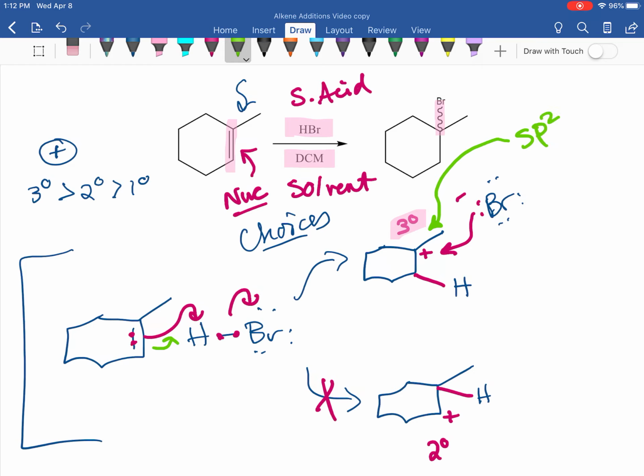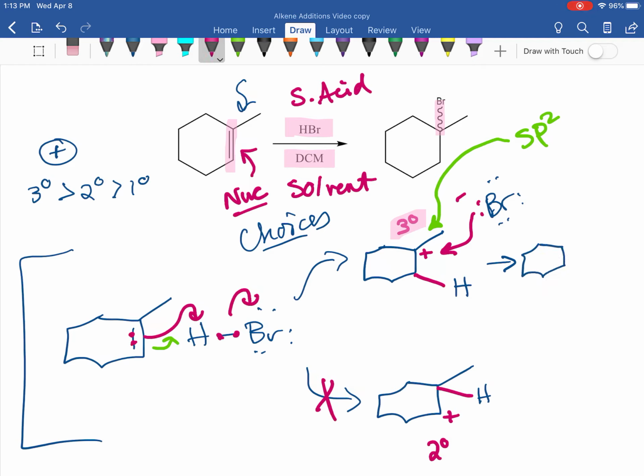You only have 3 things on that carbon. It is flat. That means that bromine minus can fill in that space, that carbocation, 50-50 top or bottom. It will end up 50-50. It is flat like a pancake. There is no way to have selectivity there. You will only fill in even top and bottom.